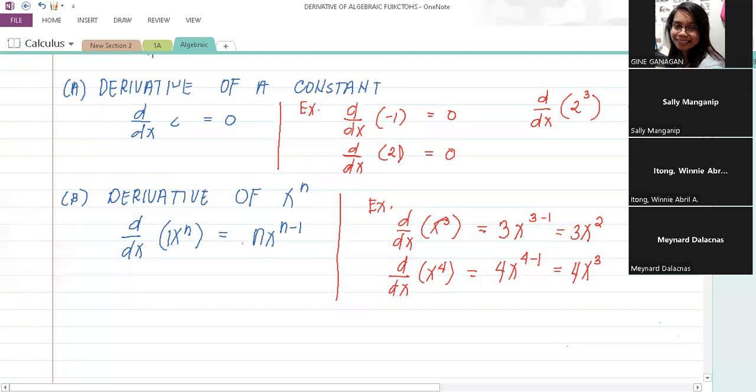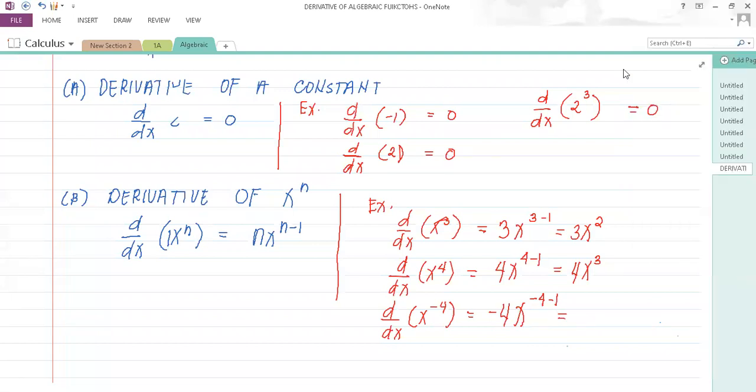So what if we have a negative exponent? Say, find the derivative d/dx of x raised to negative 4. The same pa rin, we have here negative 4 times x raised to negative 4 minus 1, so this is equal to negative 4x raised to negative 5.